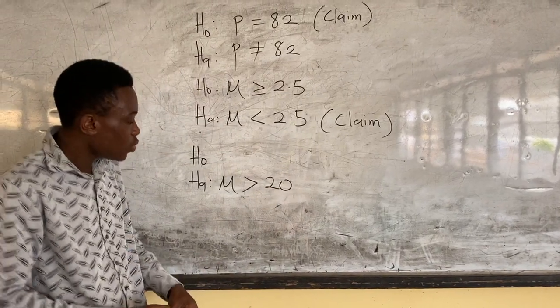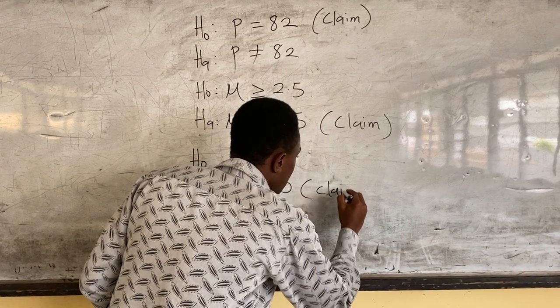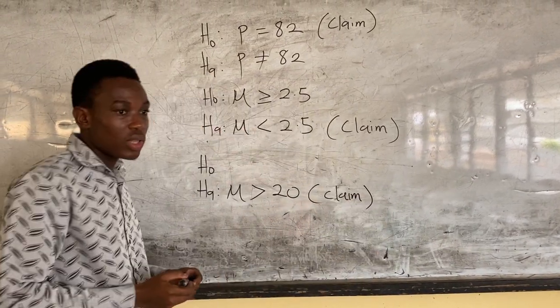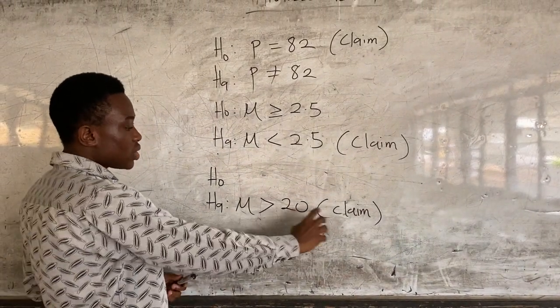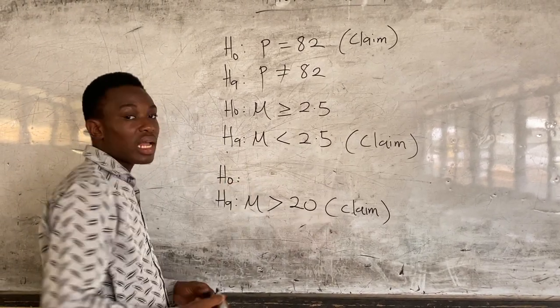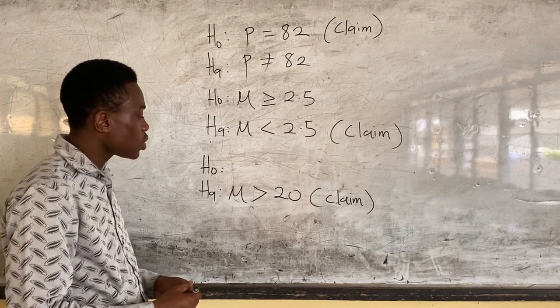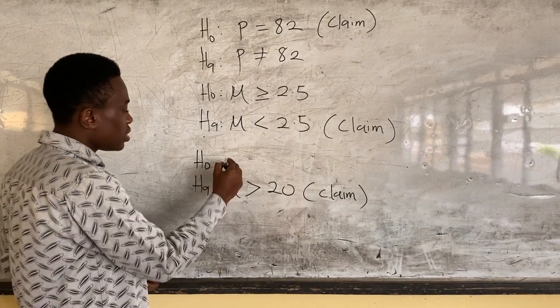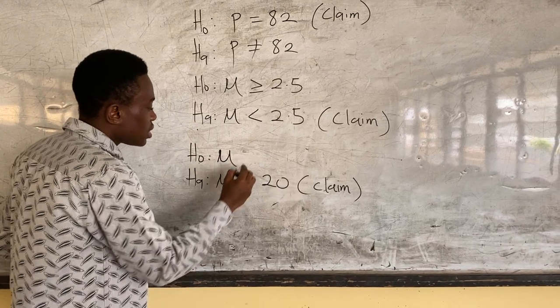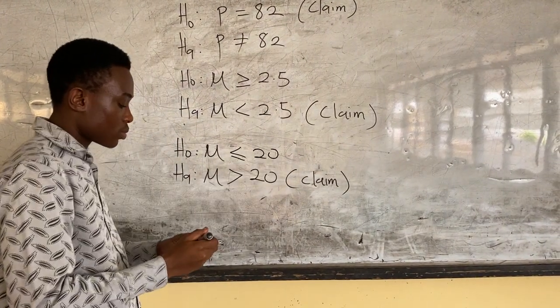So you realize with this particular one too, the claim is the alternative hypothesis. If this is what the sentence is saying, it's more than 20 ounces, then the null hypothesis becomes the opposite of the alternative hypothesis. So if this is more than 20, then the null hypothesis will be less than or equal to 20.